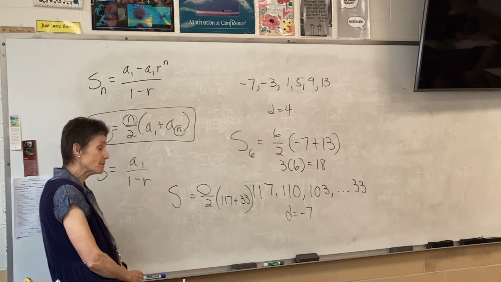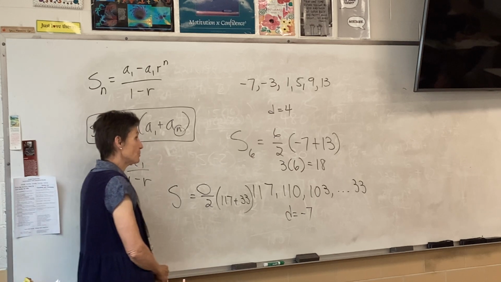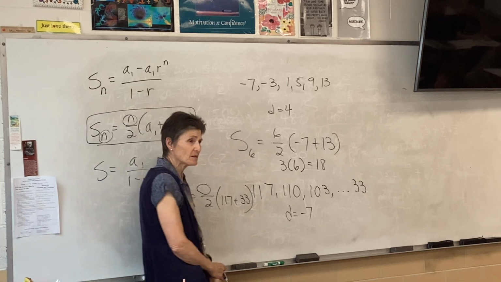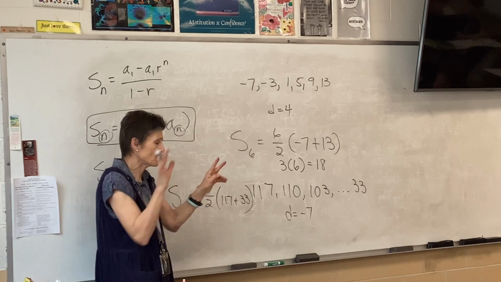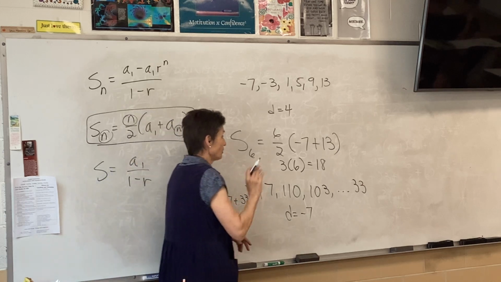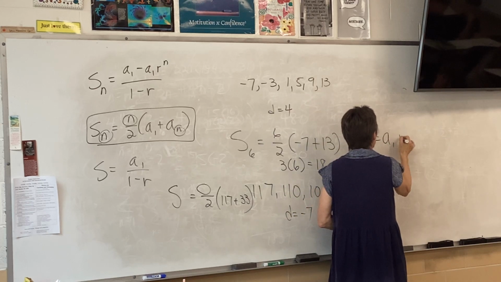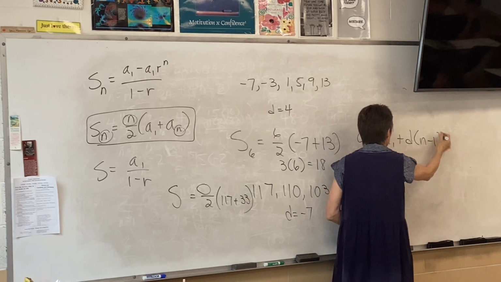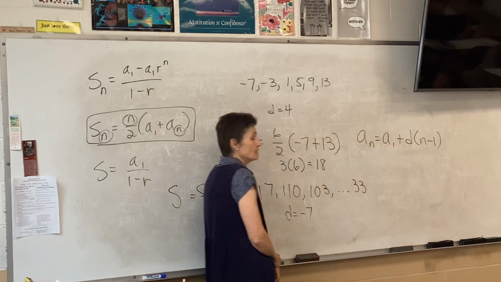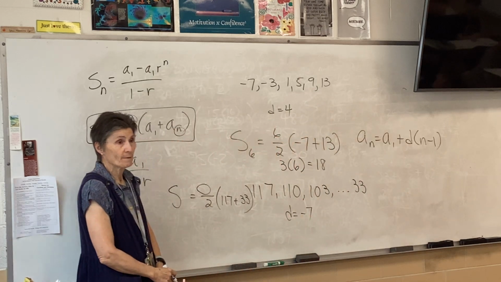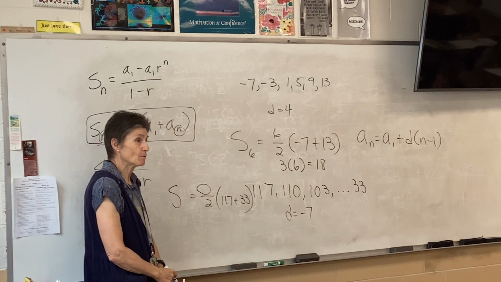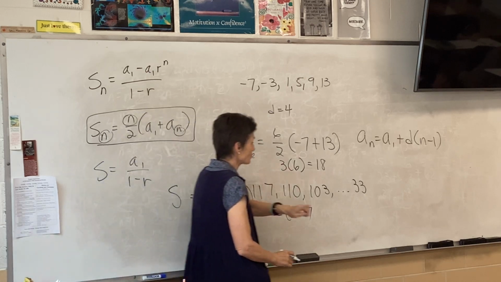So when that happens, you can try to figure it out, and that figuring out is fine. Logic is fine. You can also always go back to your other arithmetic formula. Your other arithmetic formula will give you the information that you need. Here's how.